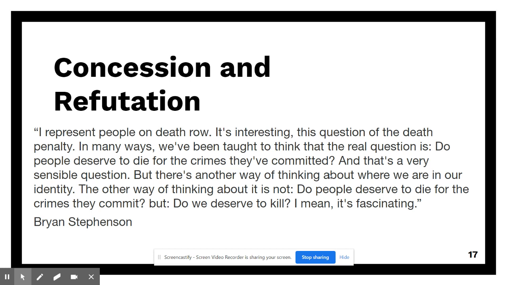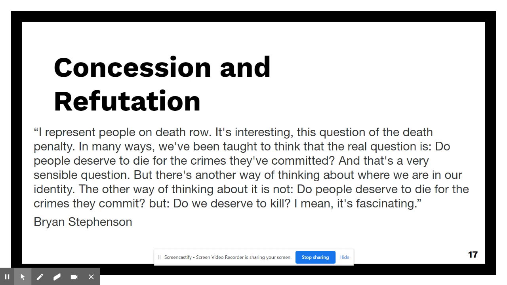It's fascinating. In this passage, you see a very common methodology for responding to the opposition, and it's what I'll basically call the okay, but strategy. In the sentence where he says, and that's a very sensible question, do you see how he's kind of saying, okay, I'll give you that as a sensible question, but there's another way of thinking? That's the refutation part, right?